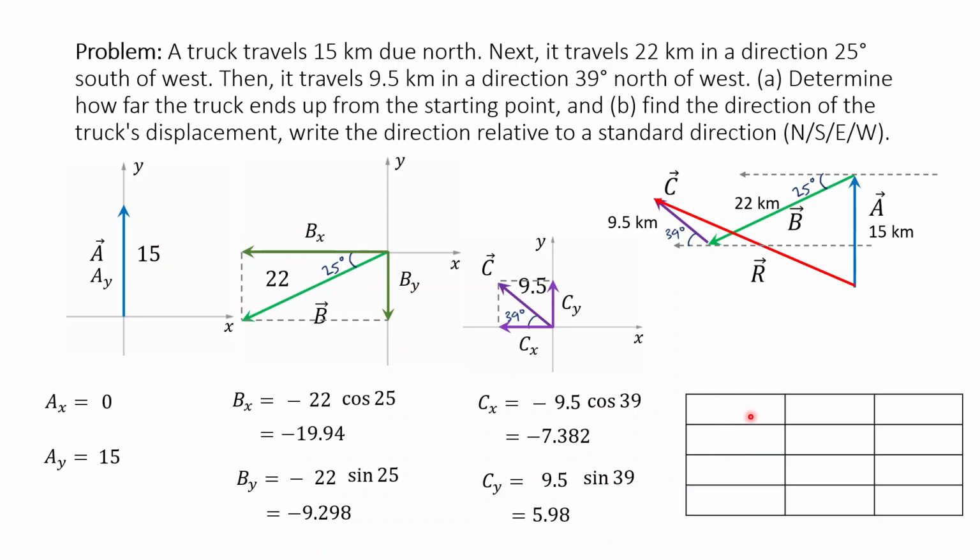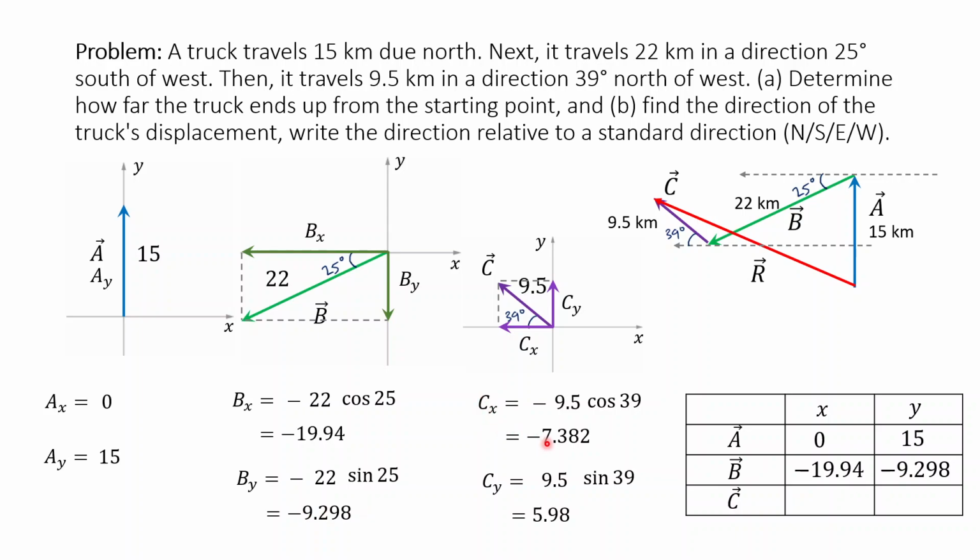Now make a table and put the vectors A, B, C. Here x component, y component. For the vector A, the x component is 0 and the y component is 15. For the vector B, x component is this and the y component is this.